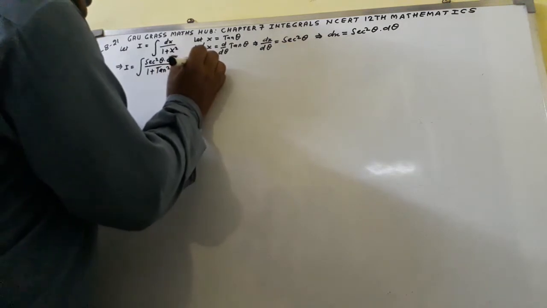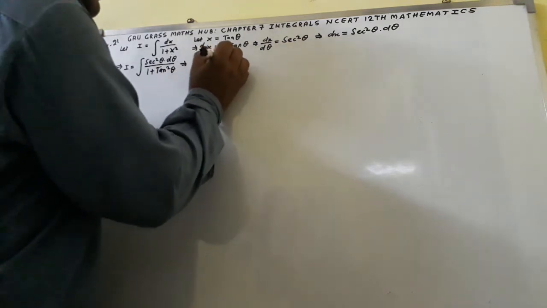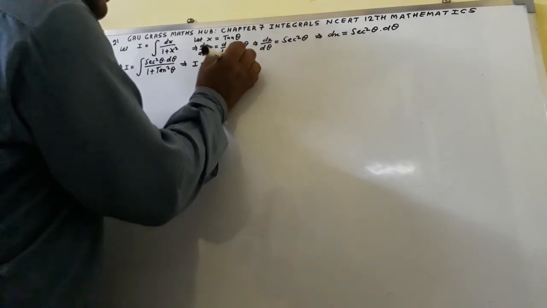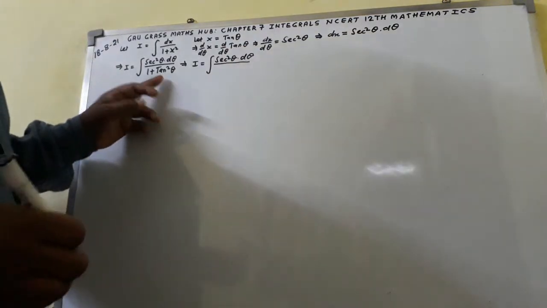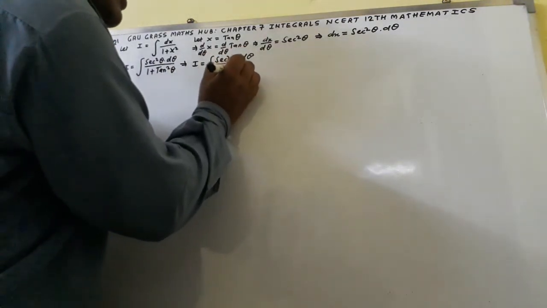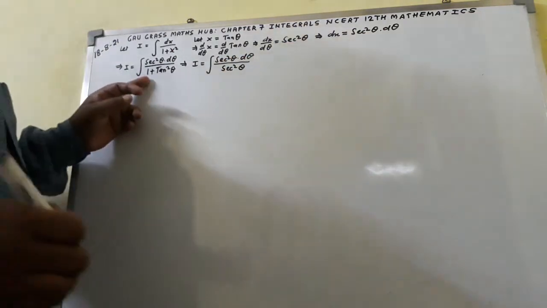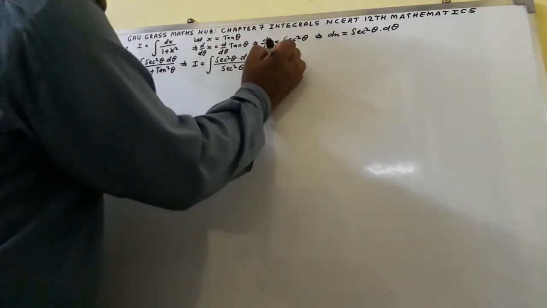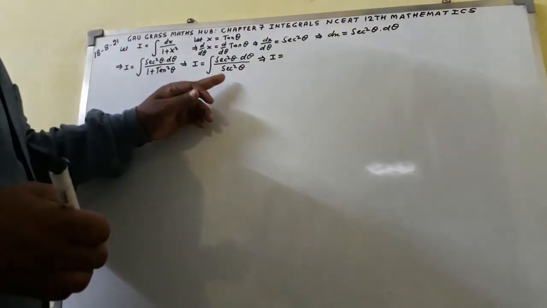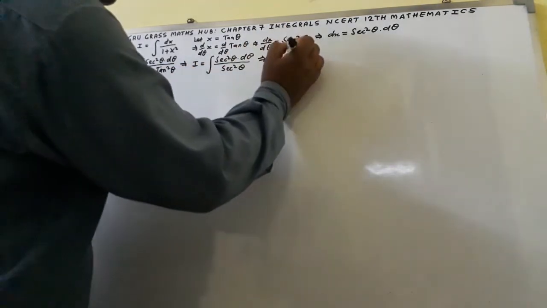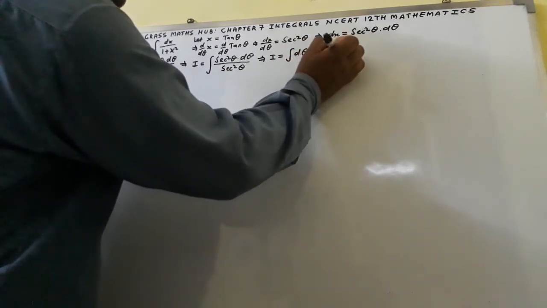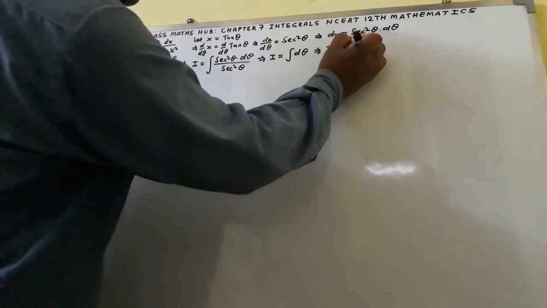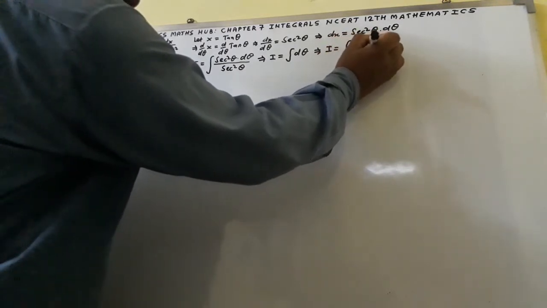Implied that I equals sec square theta dot d theta over 1 plus tan square theta, which comes out to be sec square theta. This is the formula 1 plus tan square theta equals sec square theta. Here sec square theta will be cancelled out, and we get integral d theta. I equals integral 1 dot d theta.